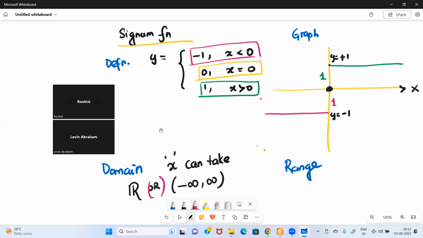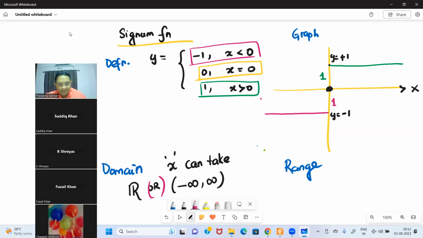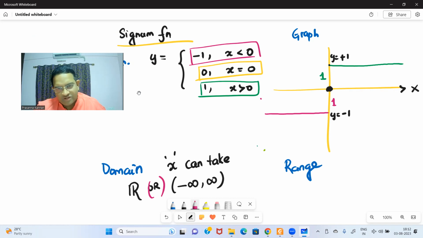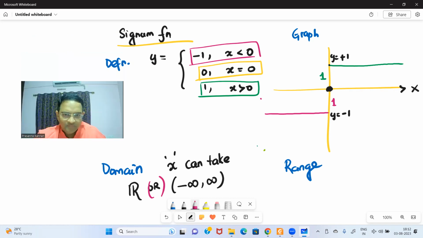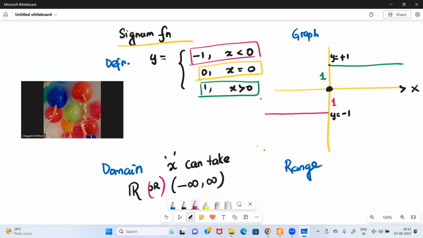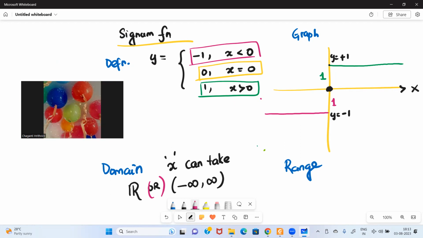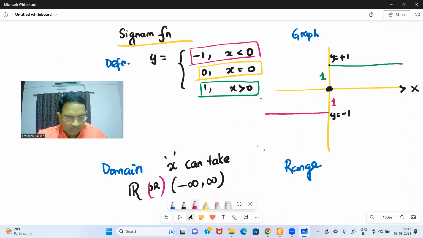Now, Hrithwik, unmute yourself. Can you tell me what is meant by range, Hrithwik? What is meant by range of a function? No, tell me first. Range means what?